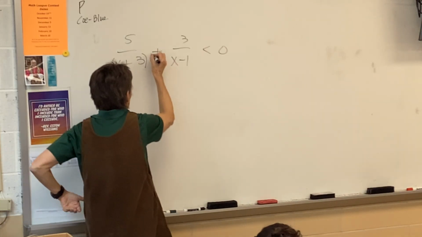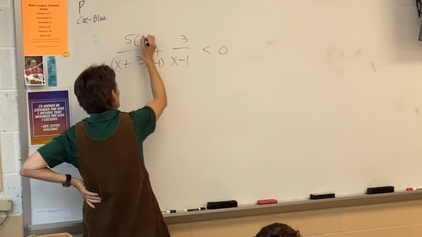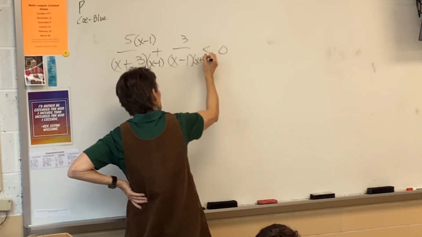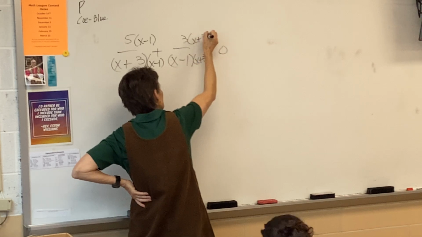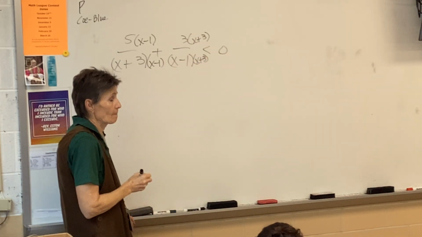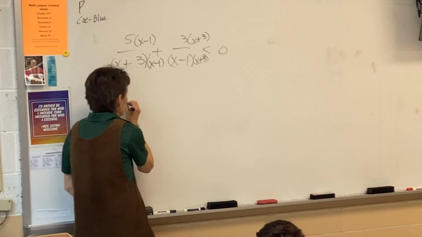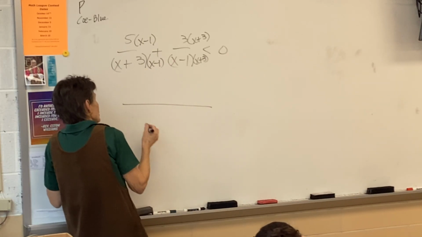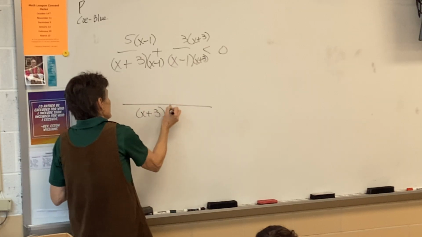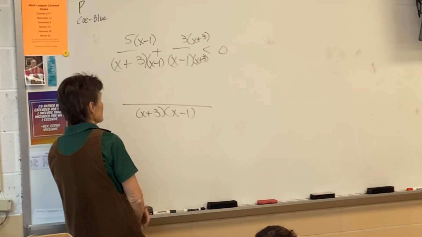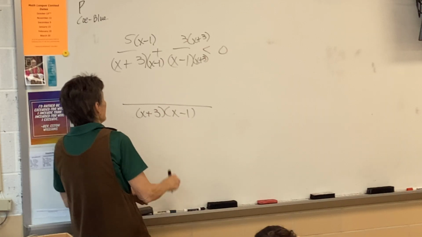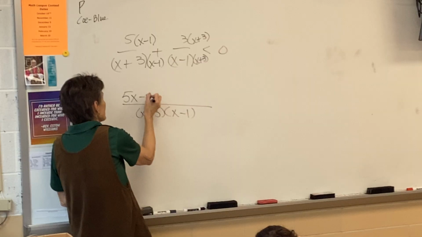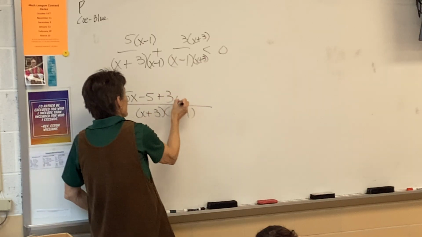So this one will need an x minus 1, and this one will need an x plus 3. So one giant fraction, denominator is x plus 3 times x minus 1. And the numerator, 5x minus 5 plus 3x plus 9.